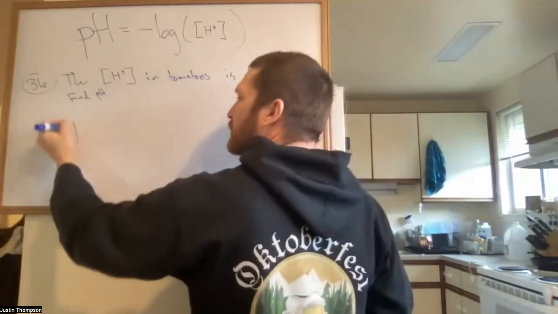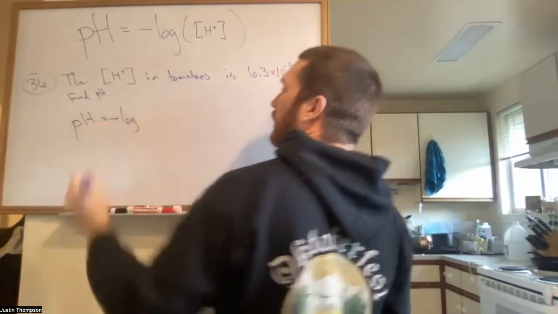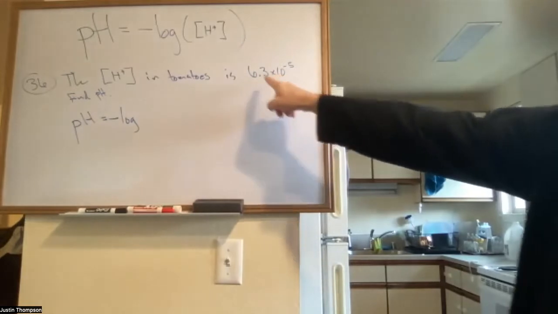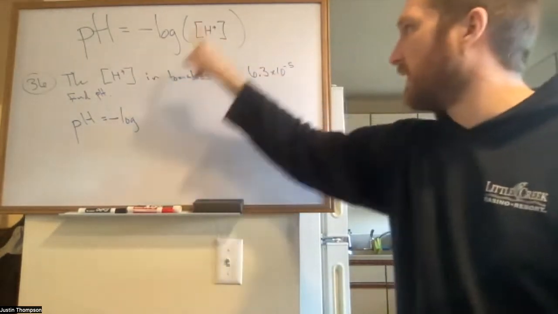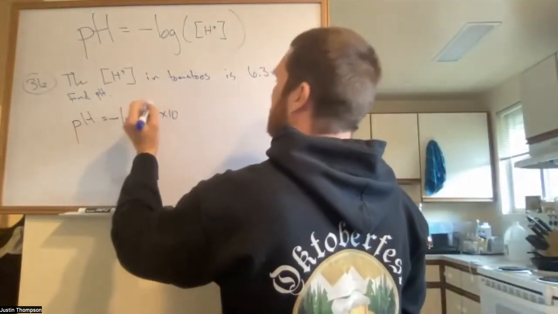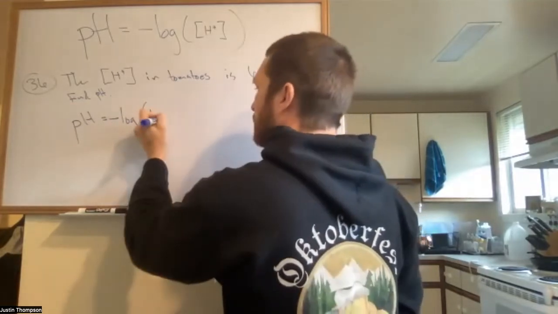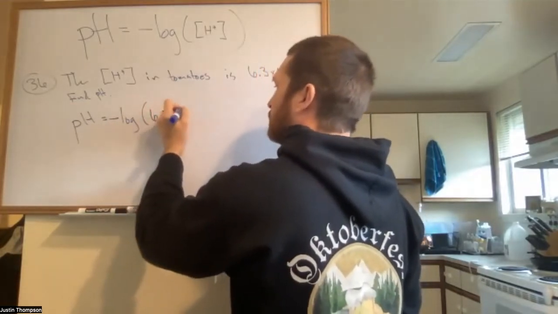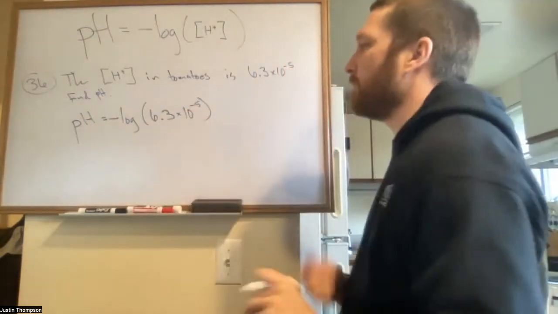Okay, well, pH is defined to be negative log of that concentration. That's all it means. We just take the concentration of those ions and plug it in. 6.3 times 10 to the negative 5. I'm going to do this one step at a time.